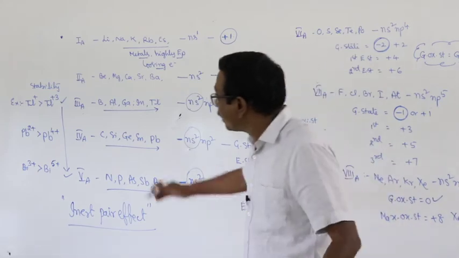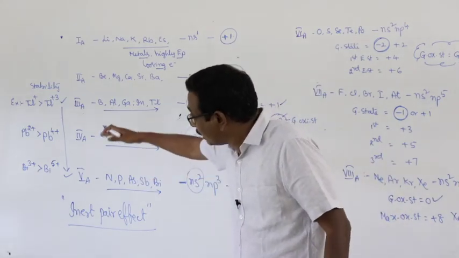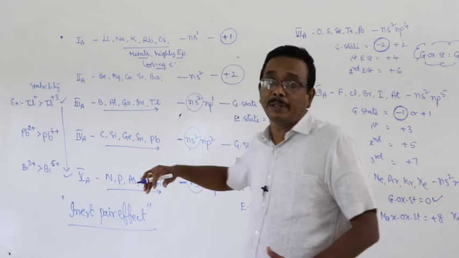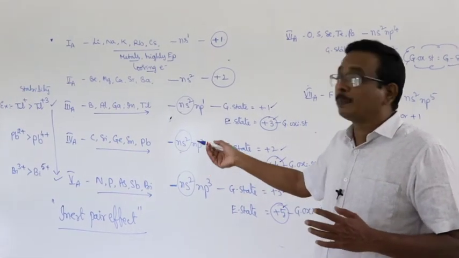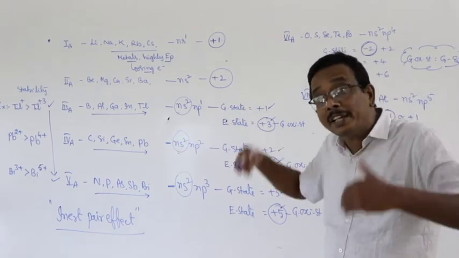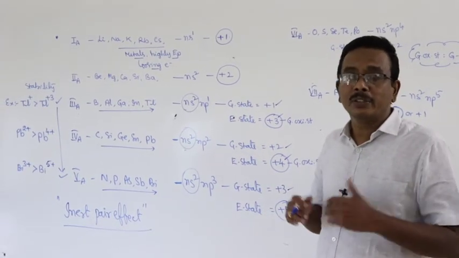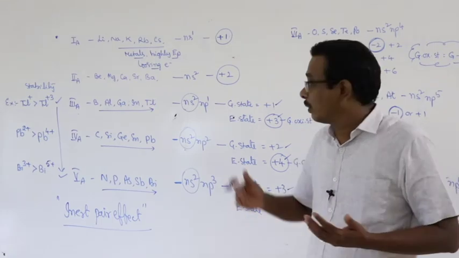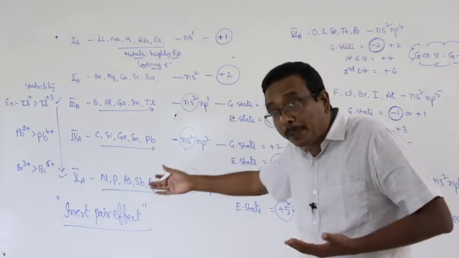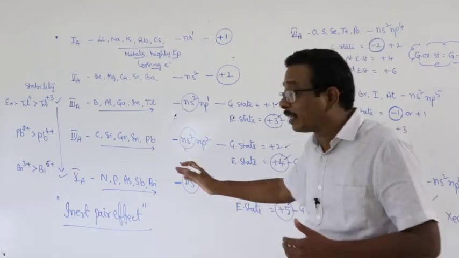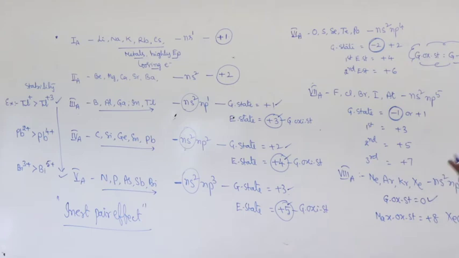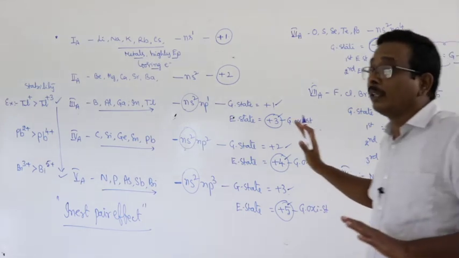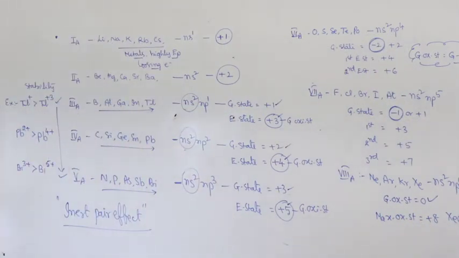Here the contraction of atoms of elements is observed in this particular case also, particularly in heavier elements, and that is also observed in p block elements. This is about the oxidation states shown by p block elements and s block elements.